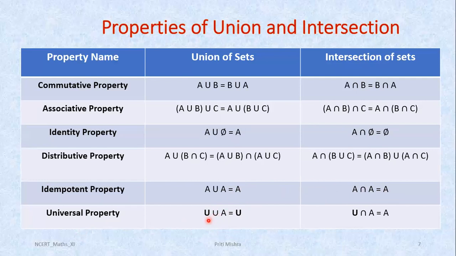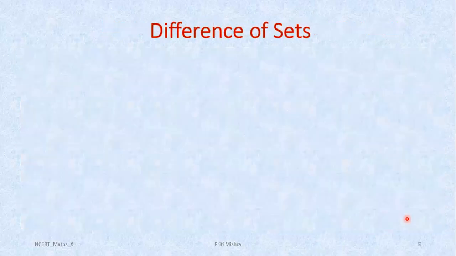So the union of the universal set and any set will give you the universal set, and the intersection of any set with the universal set will always give you that set only, because in the intersection you will get that subset only. So U intersection A is equal to A. These were the properties of union and intersection.